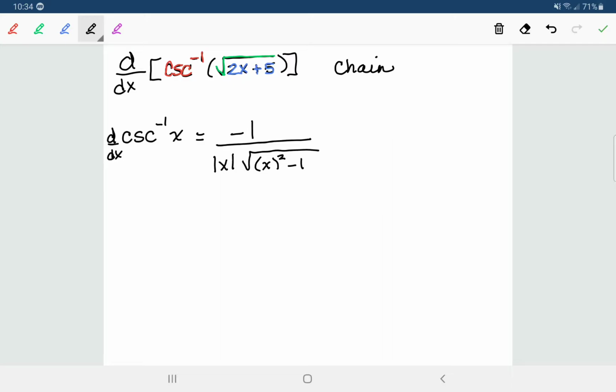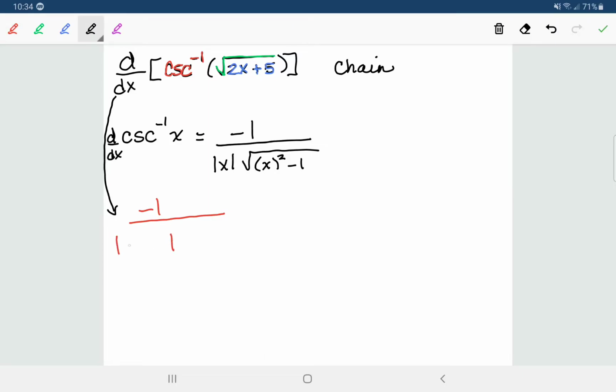Okay, so let's begin. If we want to find the derivative with respect to x, we start by differentiating the outside function. The outside function is the inverse cosecant. So we start, this is -1 times the absolute value. The rule says absolute value of x. Now, x is what's in the argument, so we can evaluate that at the absolute value.